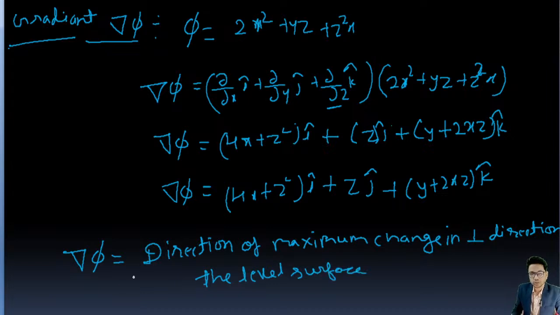Okay. So the physical meaning of gradient phi is the direction of maximum change in the perpendicular direction to the level surface. Okay, perpendicular direction to the level surface.